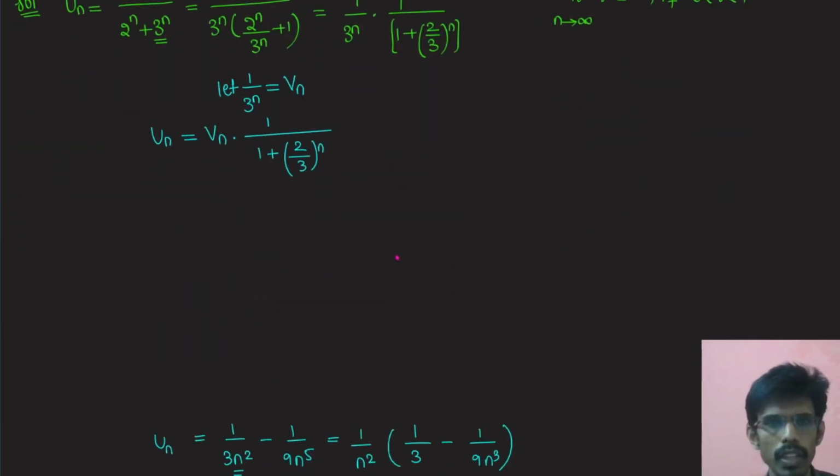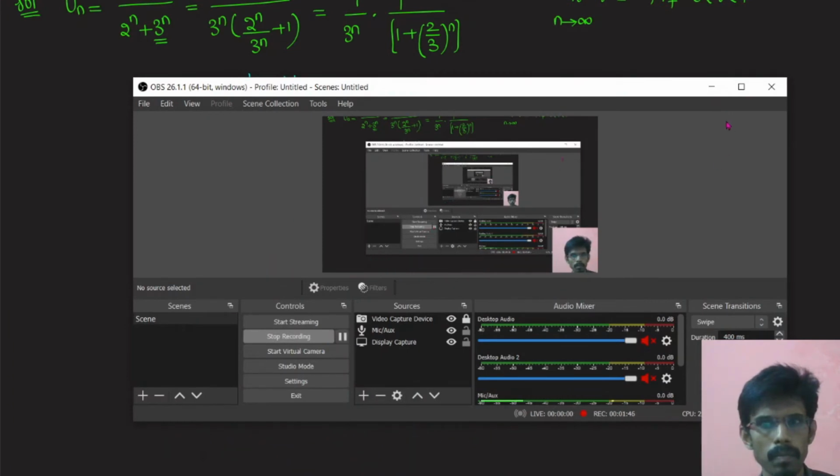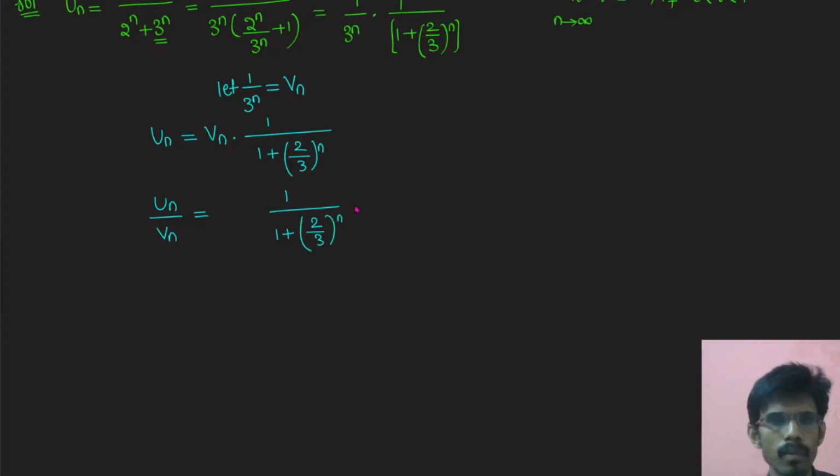Now take the ratio of these two. un by Vn is equal to 1 upon 1 plus 2 by 3 whole power of n.